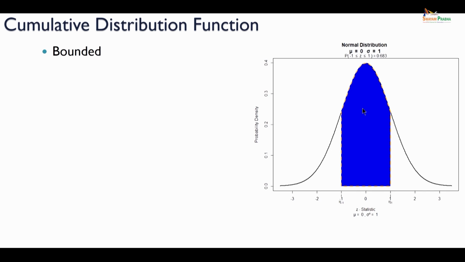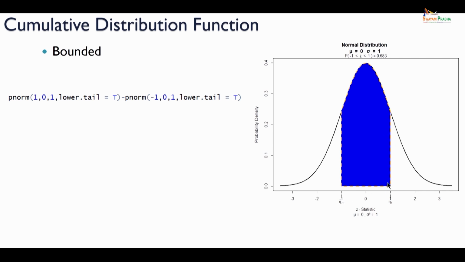Now, for instance, if I am interested in finding out the area between the boundaries, I am going to basically calculate the area with a start value of 1 as a lower tail, and then I am going to subtract the area for a start value of -1 again for a lower tail.